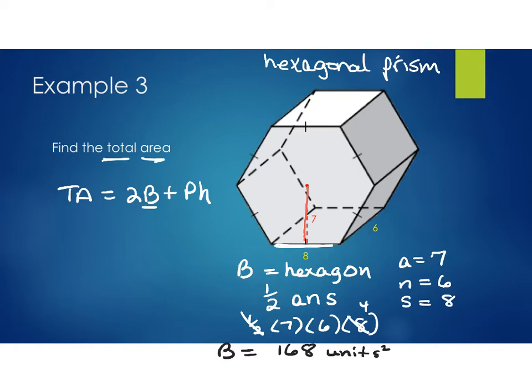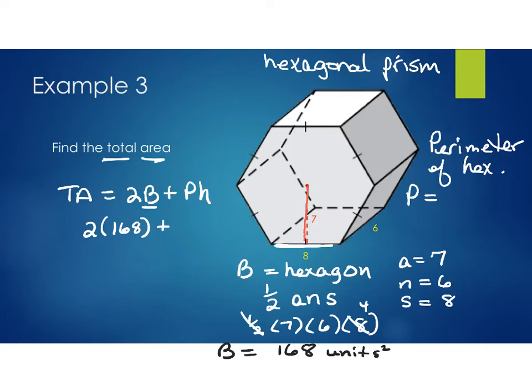So far in my formula, I've calculated capital B. So 2 times the base area, which is 168. I don't know the perimeter yet, so let's go ahead and find the perimeter of my hexagon. And I know that there are 6 sides. Remember, the formula for perimeter is the number of sides in your figure times the side length.